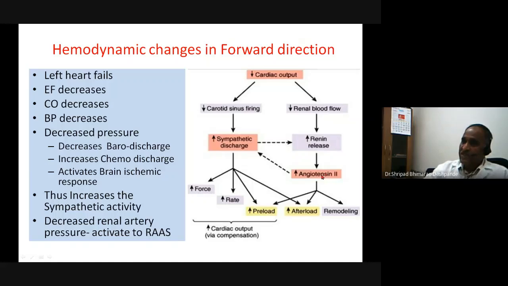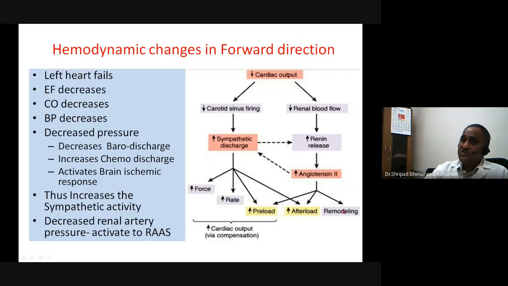The second, it will also cause venular contraction. The smooth muscles of the venous system also contract, which would try to increase the preload. The increase of the preload increases the cardiac output. So that means angiotensin 2 is increasing the afterload and preload, that means the venous return and the blood pressure.